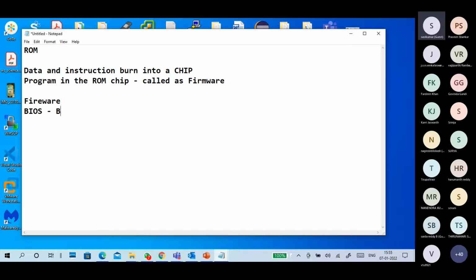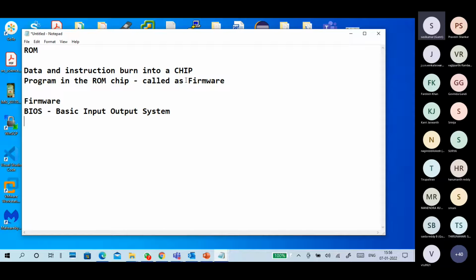Someone asked whether it is firmware or fireware. Oh yes, sorry, I made a spelling mistake. Firmware, F-I-R-M-W-A-R-E.